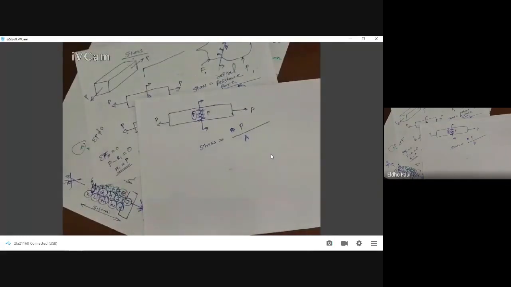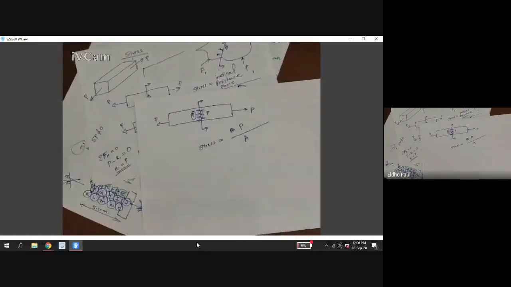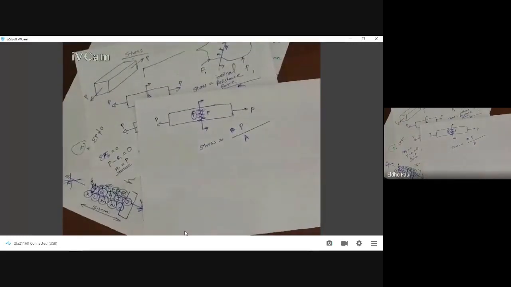Stress is equal to the internal resistance offered by a cross section against the applied external force, per unit cross section area. So this is the definition of stress.